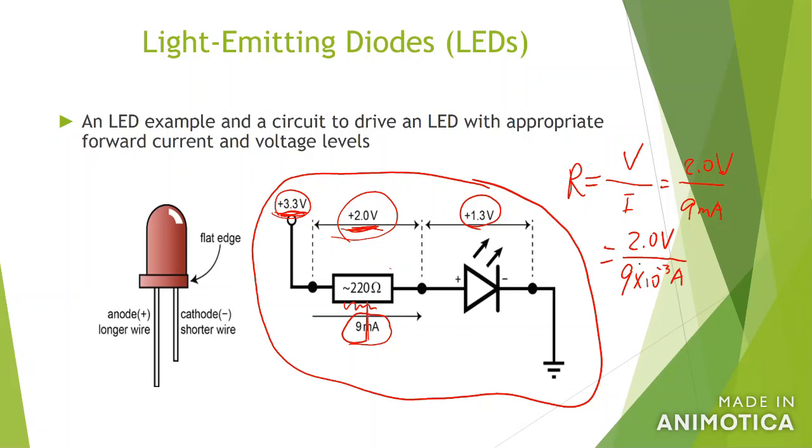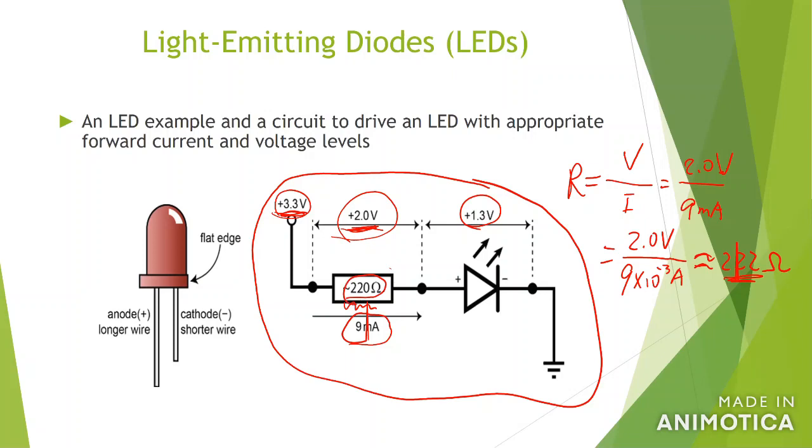So you have to convert the milliamps to amps. If you do the math, it's about 222 ohms. But instead of using 222 ohms, we use 220 ohms here.